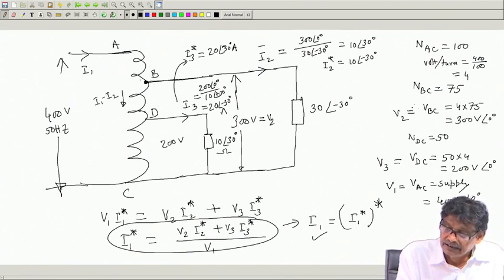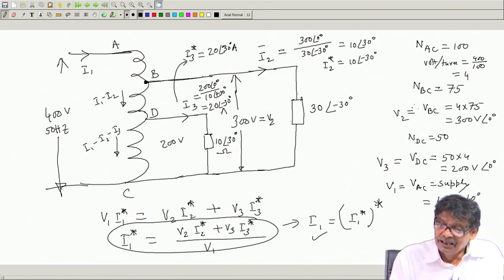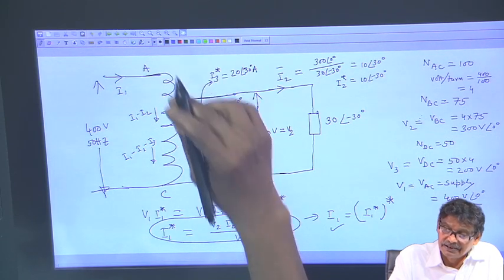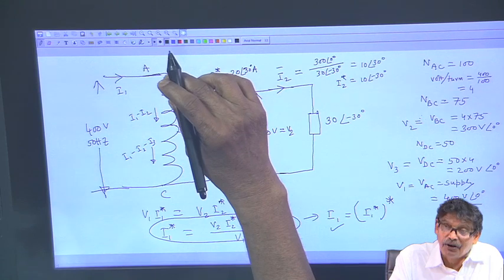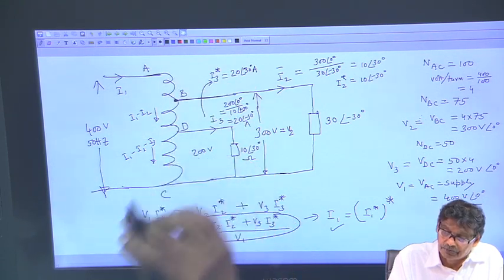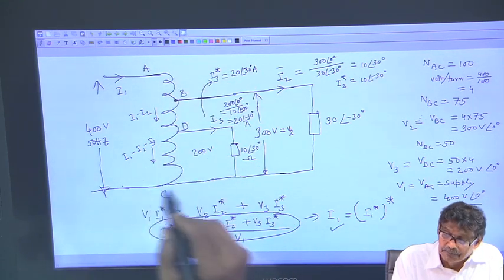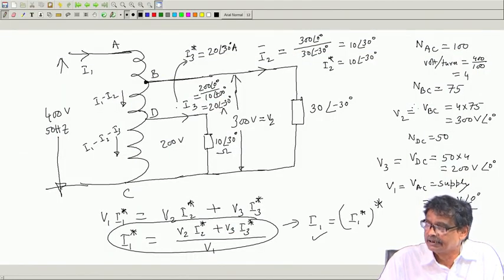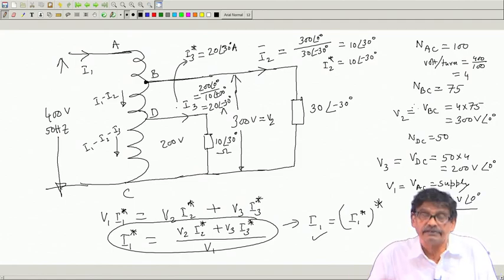Here I 1 minus I 2 coming, then another I 3 is going, I 1 minus I 2 minus I 3. Interesting thing you will observe, the MMF of this portion, whatever turns AB, these are the isolated coils, this portion, this portion, this portion. So, the sum of this MMF will vanish to 0, it will be automatically taken care of. Anyway, we will continue with this next class. Thank you.